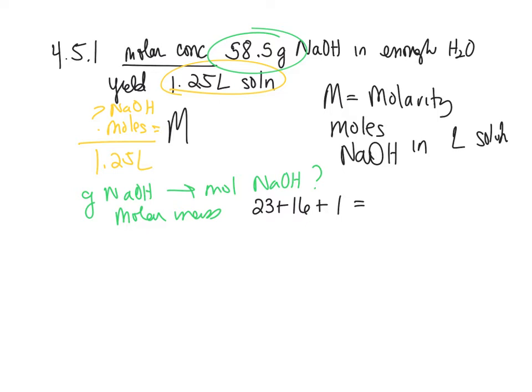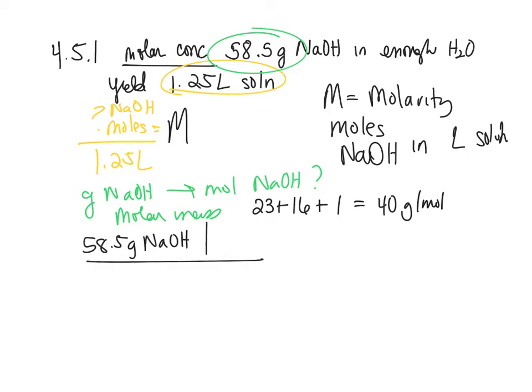So that works out to be 23 plus 16 plus 1. That's 40 grams per mole. And then we can convert 58.5 grams of sodium hydroxide, and for 40 grams of sodium hydroxide in 1 mole of sodium hydroxide. We knew to put that on the bottom because we need these units to cancel out.